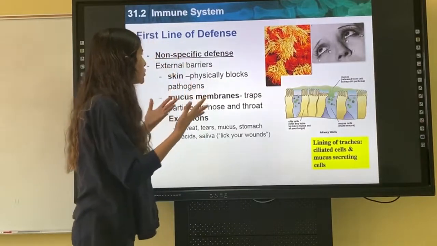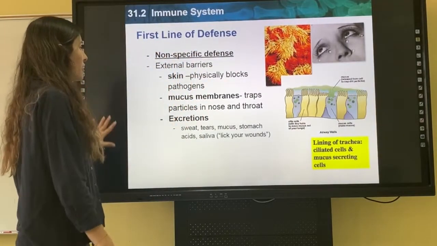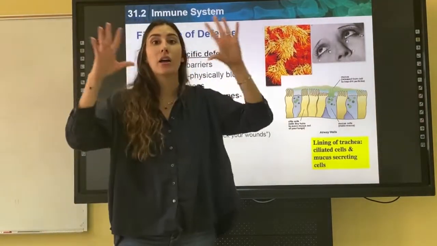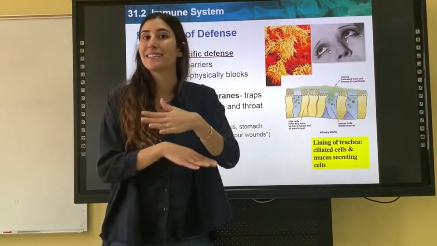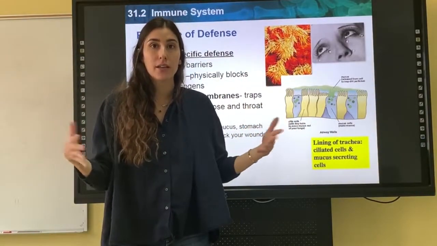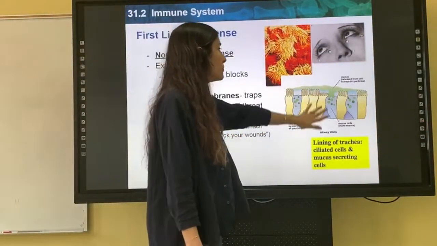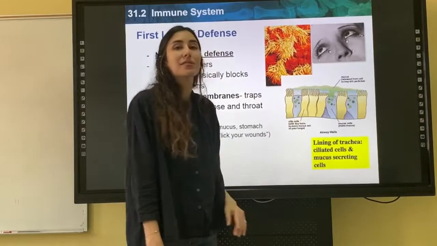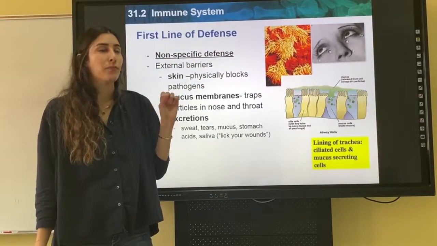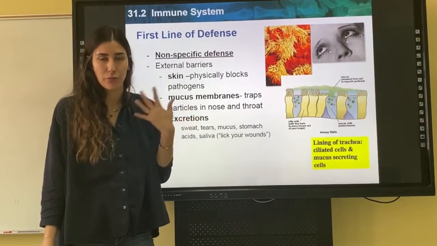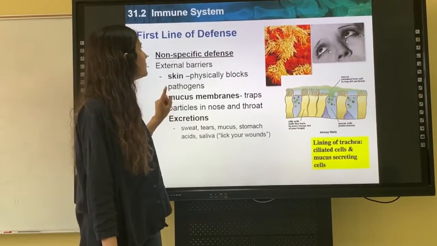What I'm trying to show you here is that our first line of defense is very non-specific. It targets any type of pathogen, dust, etc. that's entering, and a perfect example of it would be our skin or the cilia and mucus cells that are present in our airways.